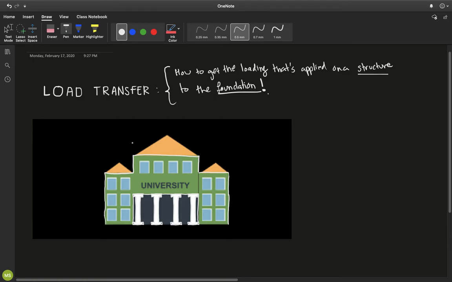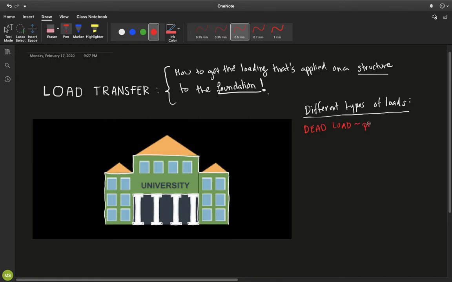So if you were to imagine different types of loads on this building, you could think of a dead load, which means the primary structural member of the building.